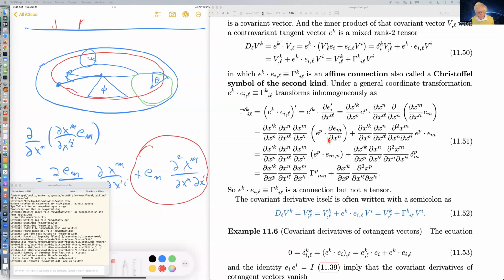This is all standard relativity. And then EP dot EM is just delta PM, because the cotangent vectors are orthonormal to the tangent vectors. And so we have that. And then putting them together, we get this inhomogeneous piece.